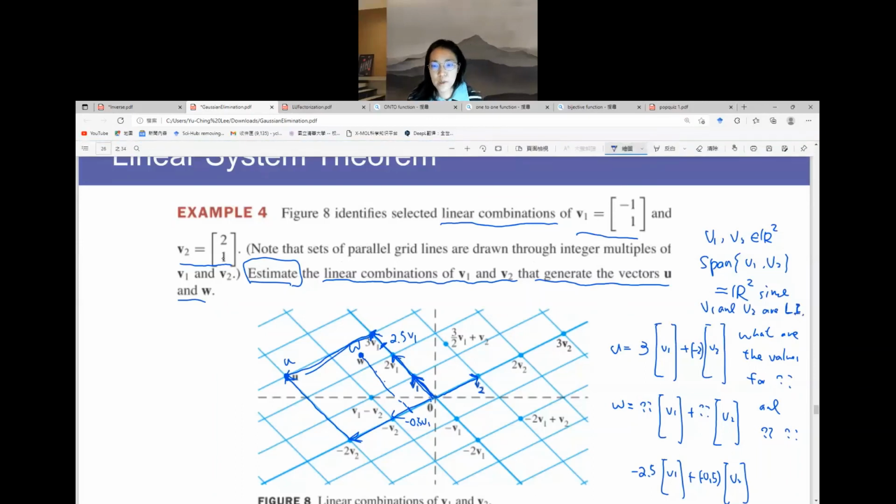So they can span the entire R2 space. The collection of all linear combinations is exactly how we define the span of vectors.